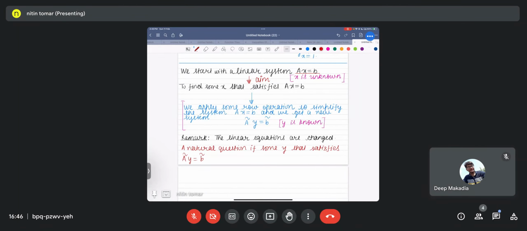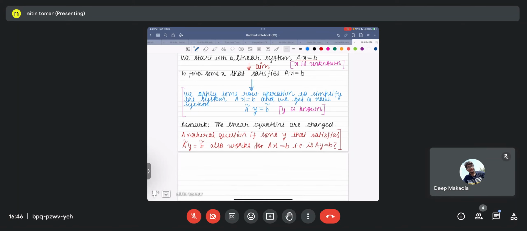So the natural question is whether this y that satisfies A tilde y equal to b tilde also works for Ax equal to b. Is the question clear? That means the same y should satisfy both the systems.